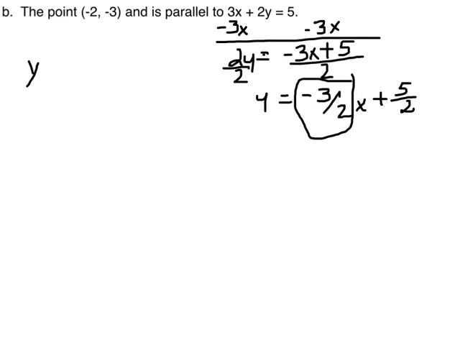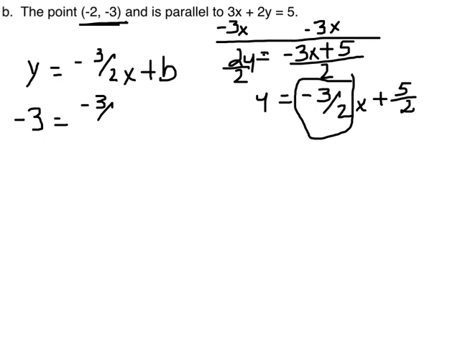So y is equal to negative 3 over 2x plus b. Now I'm going to use these 2 points. Negative 3 equals negative 3 over 2 times negative 2 over 1 plus b. Do the math, and negative times negative is positive.